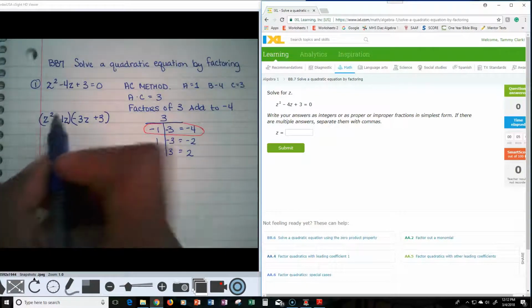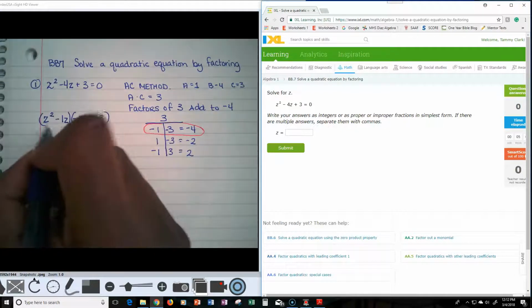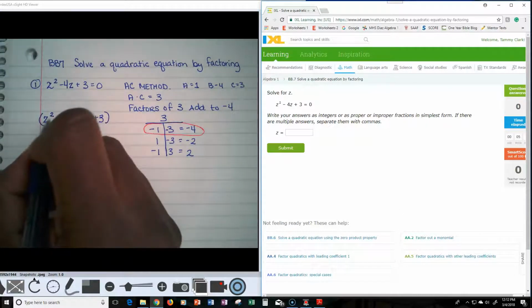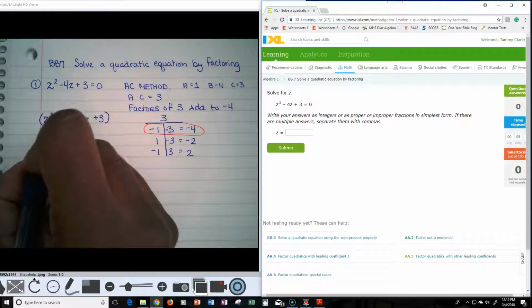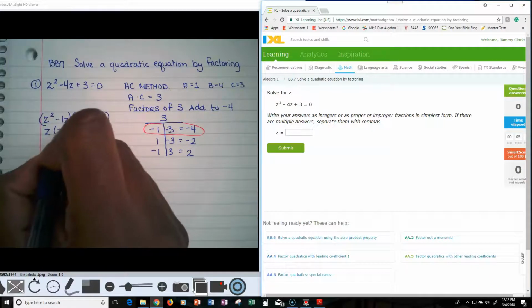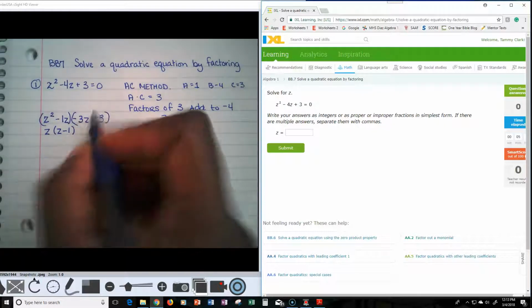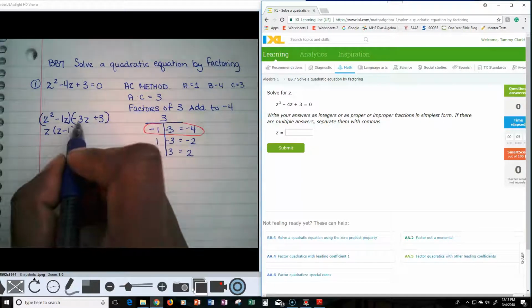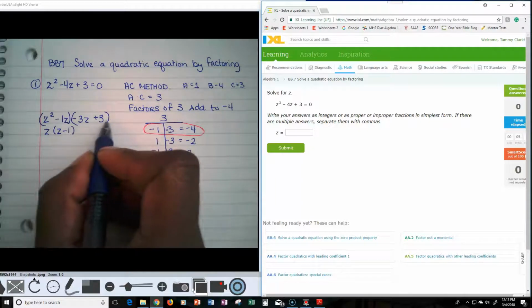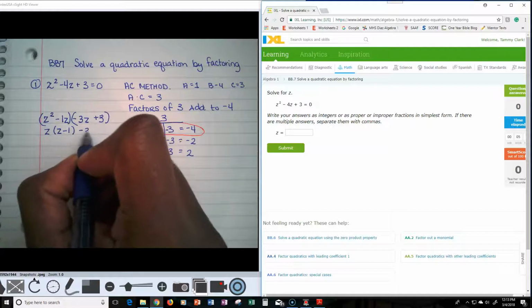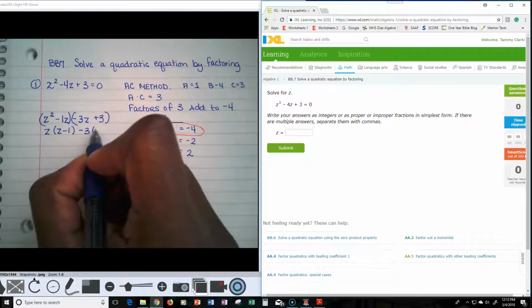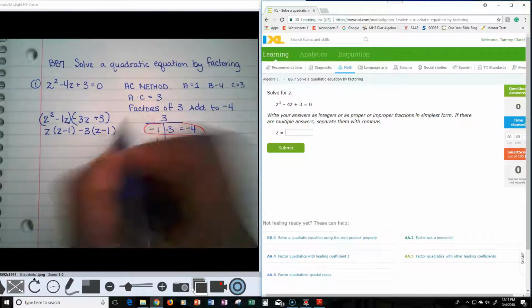Then I'm going to take out my greatest common factor. So the greatest common factor of z squared minus z is z, and that leaves me z minus 1. The greatest common factor of -3z plus 3 is actually -3, and you'll see why I took that out, and then z minus 1.